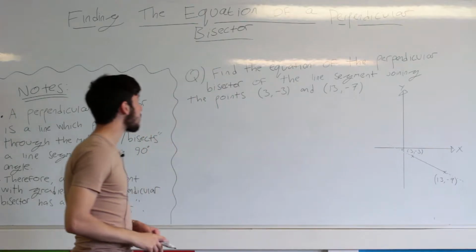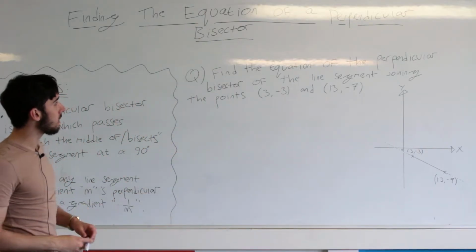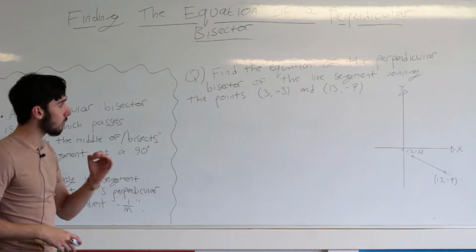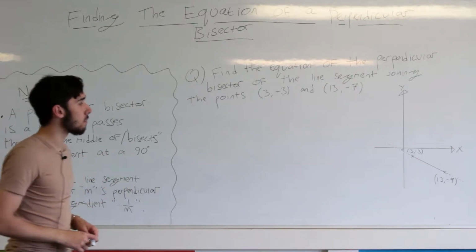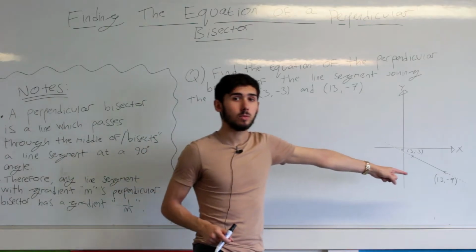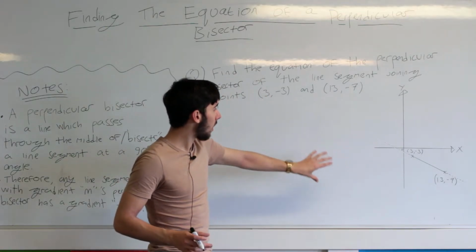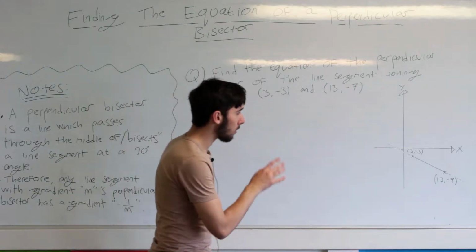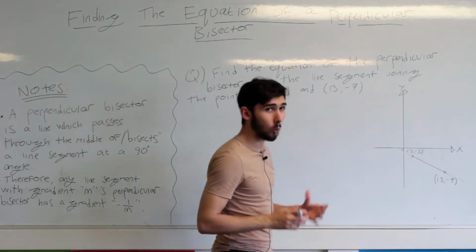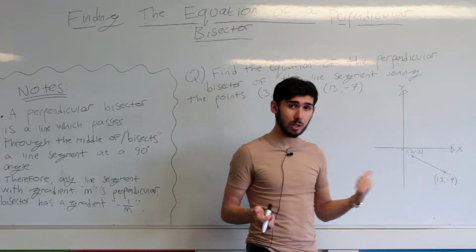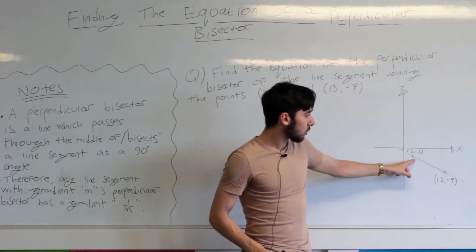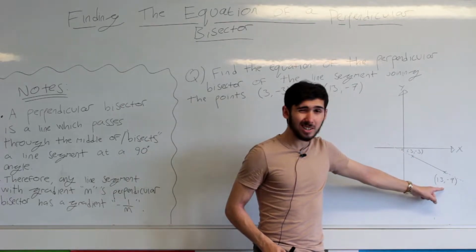We want to find the equation of the perpendicular bisector of the line segment joining the points (3, -3) and (13, -7). I hope I've drawn this big enough. We need a bit of space for this question, so I couldn't make it too big. I've already plotted it, and for this sort of question it's a good idea to plot. So we've got (3, -3) as one of our points and (13, -7) as another.